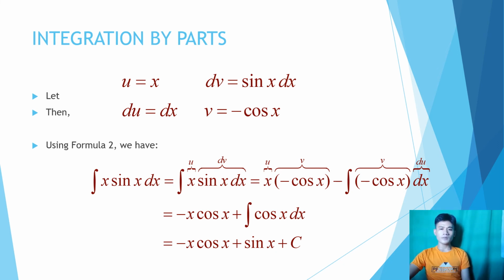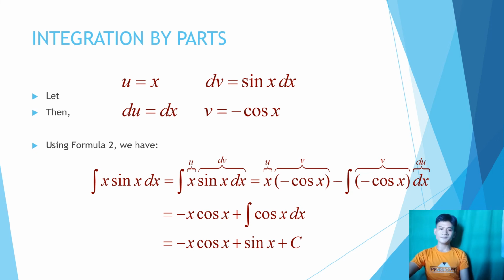We let u be equal to x, the same as f of x, and dv be equal to sine x dx, as the g prime of x. Then du is 1 dx or dx, and v is equal to negative cosine of x.